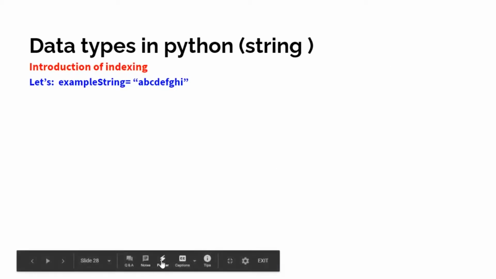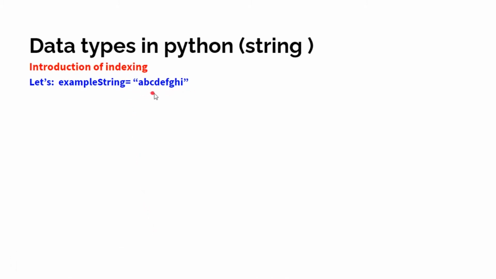Okay, so this is our string, and if we want to get any element at a particular index, so what is an index? Suppose this A is at position 1, this is at position 2, this C is at position 3. Similarly, these characters are at particular positions.